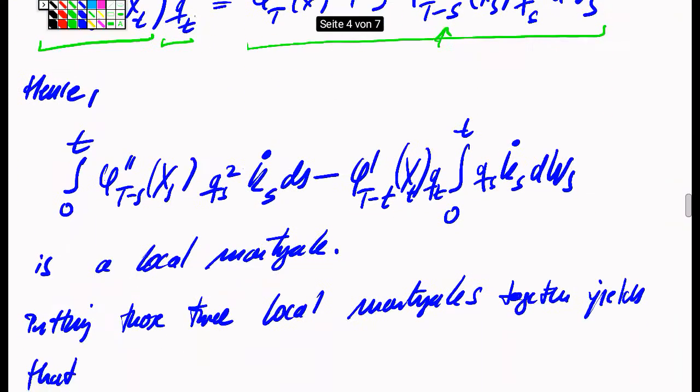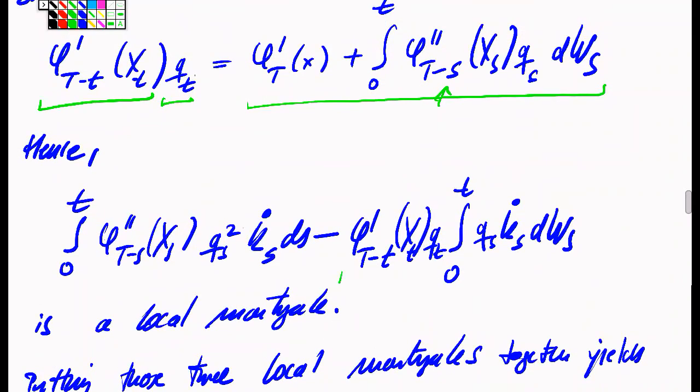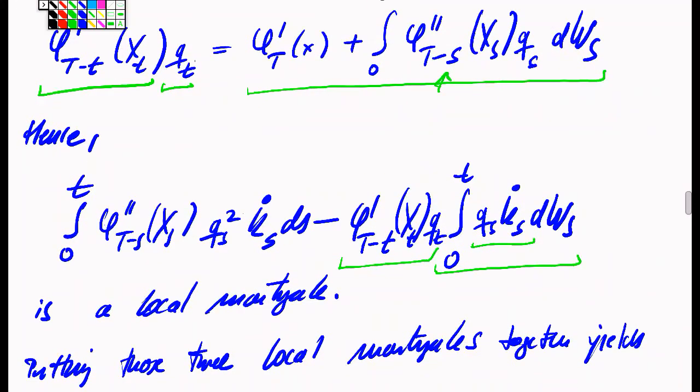And hence, if we take this martingale and take its product with the local martingale obtained by integrating the q process with the k dot process against the Brownian increments, then this produces a martingale provided we subtract the bracket of these two martingales. By the same argument as above, we see that this integral here is exactly the bracket process of these two martingales. So therefore this is a local martingale.